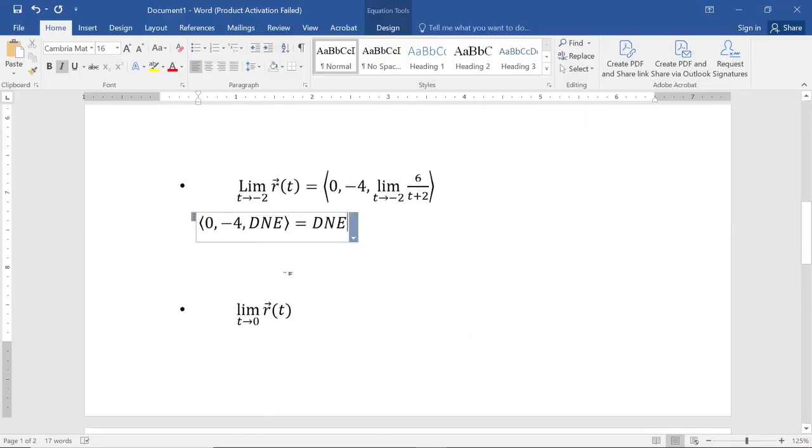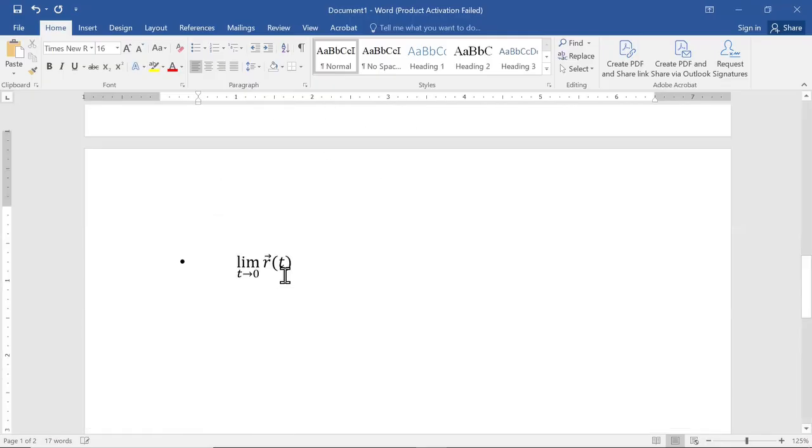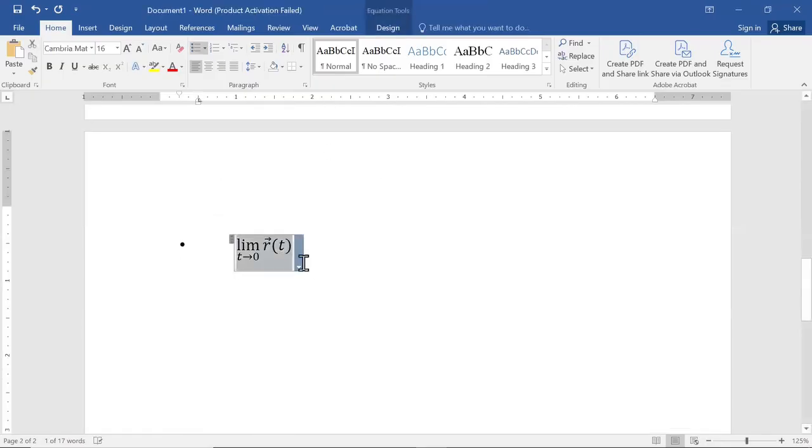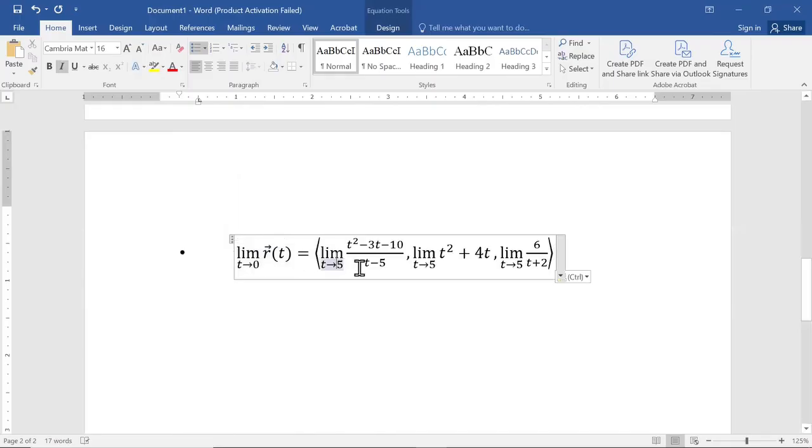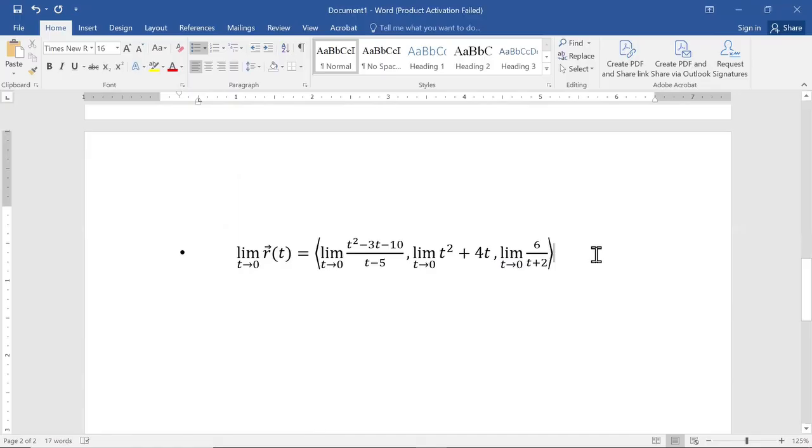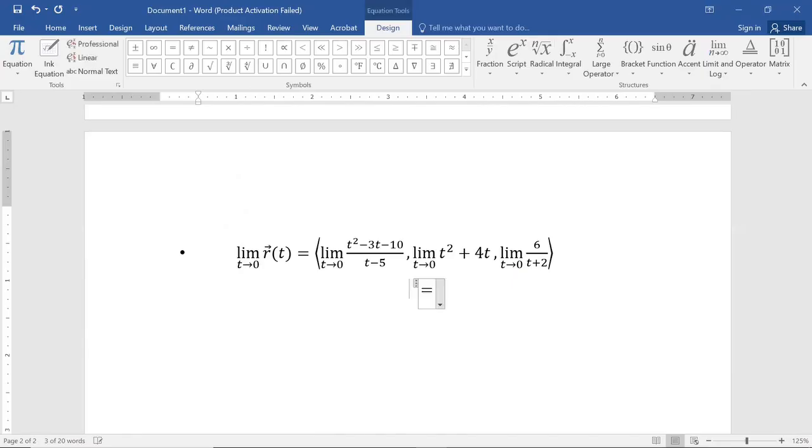Now that's not going to be a problem on the next example. The next example is another one where we're asked to use a number which we can plug into all of our component functions.